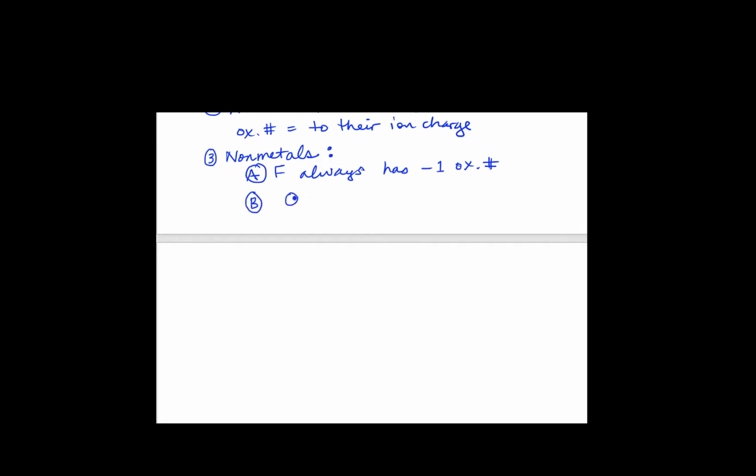Our next one is oxygen, which gets a little bit complicated. So oxygen is usually -2, but we have a couple of exceptions. Our first exception is in a peroxide. The peroxide that's most familiar to people is hydrogen peroxide, H2O2.